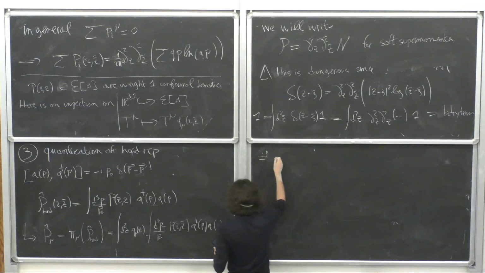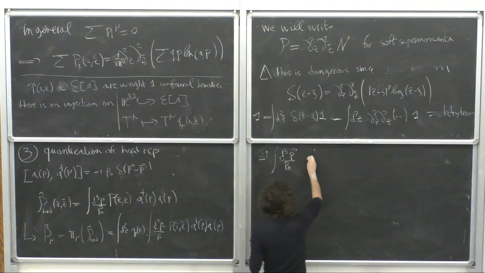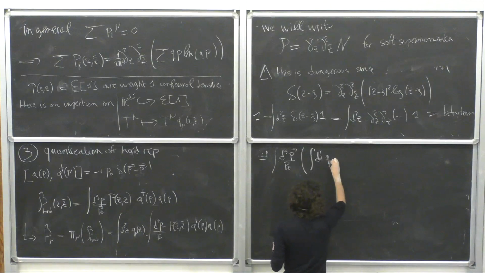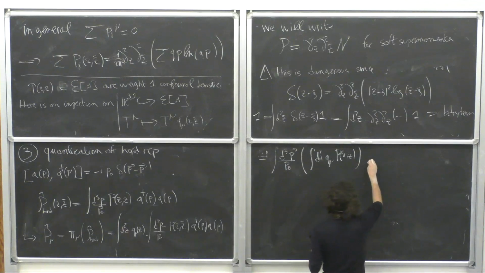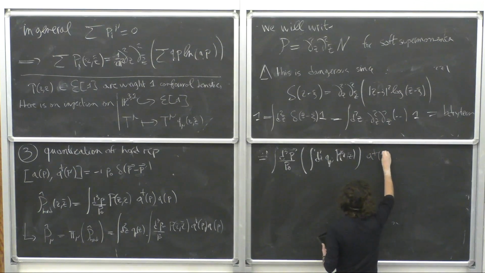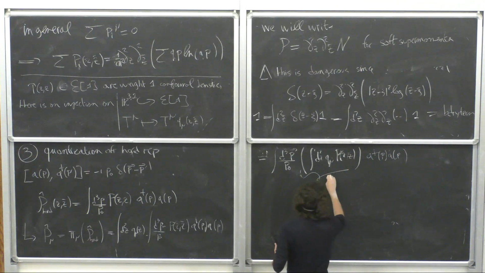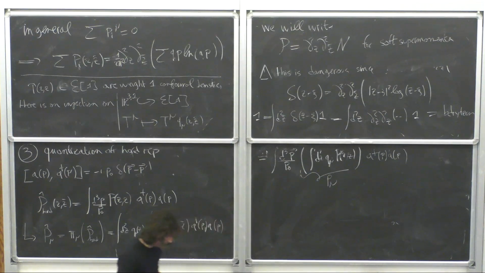You permute the integral, and you find what you want. By definition, this is P mu. And so you recover the translation generators that we are used to.